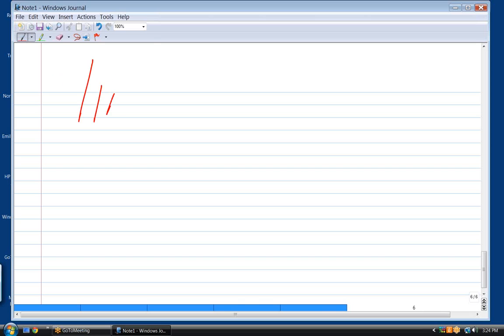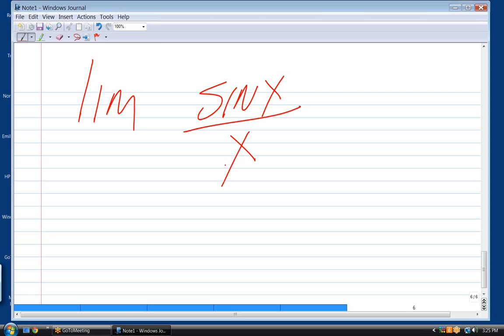Let's take the one that said sine x over x. Well, as x goes to 0, because we get 0 over 0, L'Hopital's rule says you can take the derivative of the top, the derivative of the bottom, substitute 0, and that's your proper answer. The problem is that you have to start calculus with limits, and you don't know what derivative means at this point.